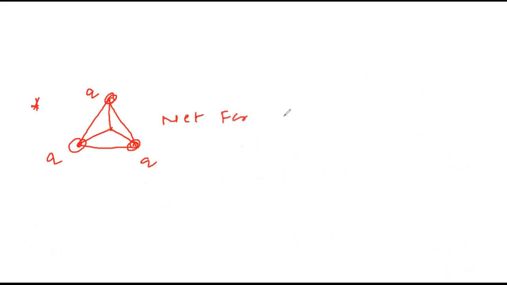Now tell me. If three equal charges are situated at the vertices of an equilateral triangle, what will be the net force at the centroid? Net force at the centroid? 0.